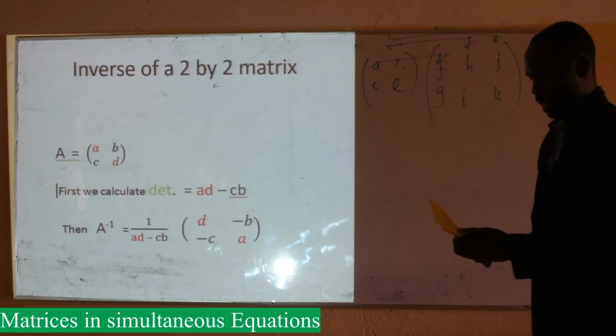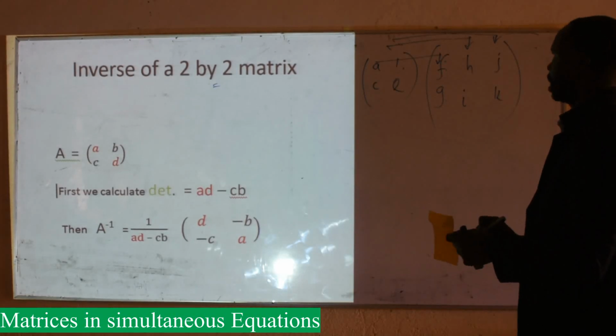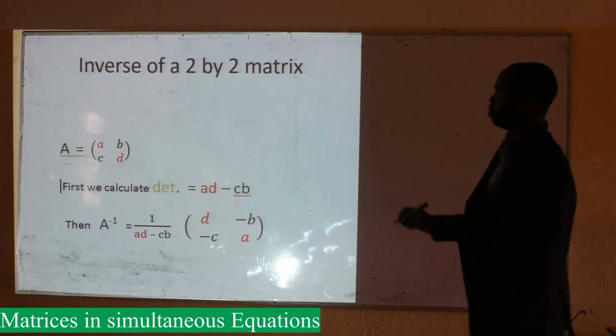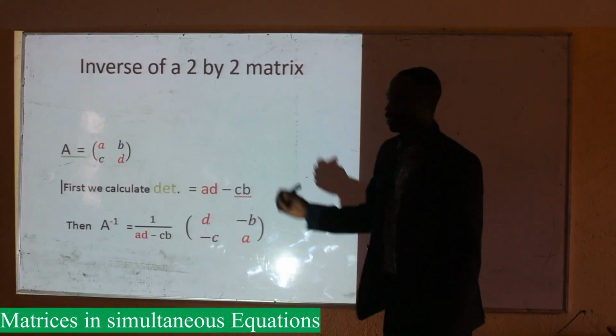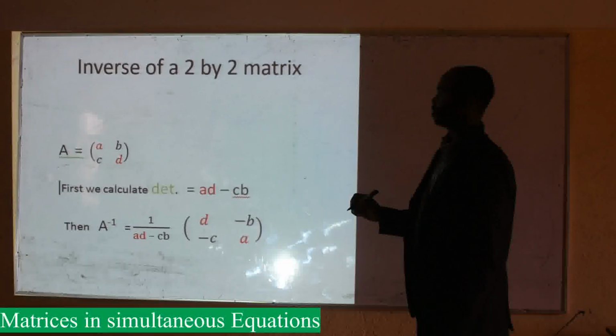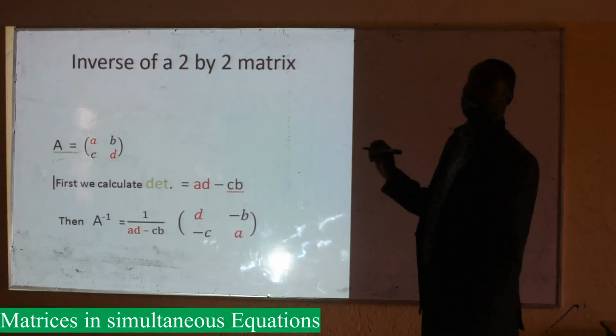Now, next is the inverse of a 2 by 2 matrix. The inverse of a 2 by 2 matrix is easy. The first step is to calculate the determinant.